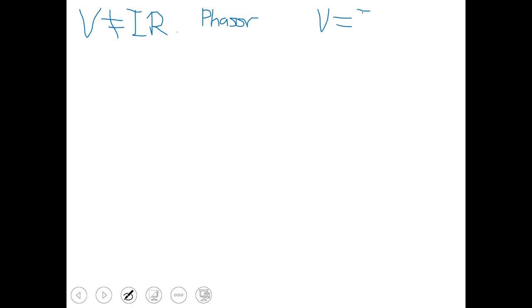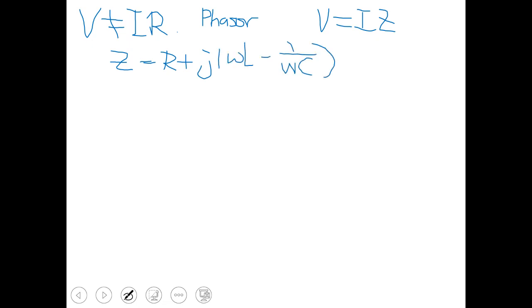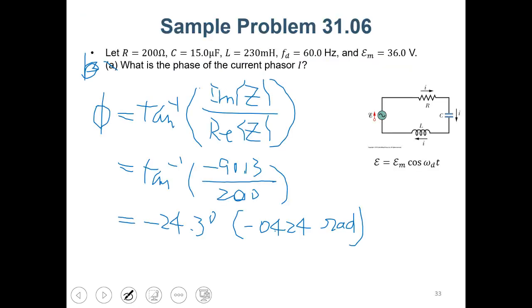Actually, V equals I times Z, and Z is R plus j omega L minus 1 over omega C for series RLC.